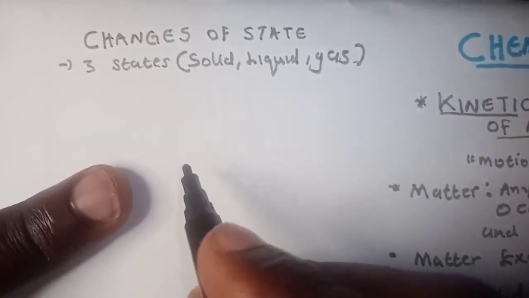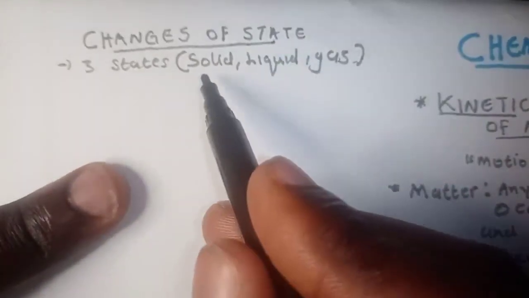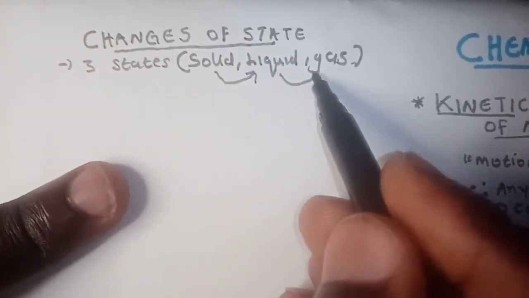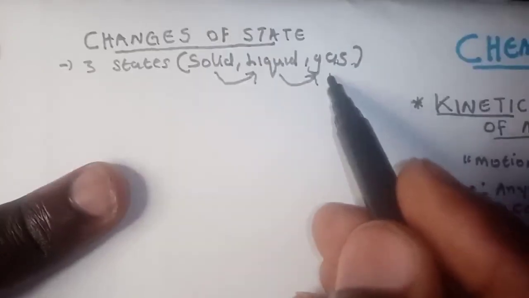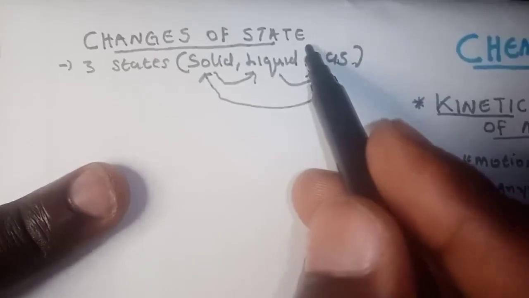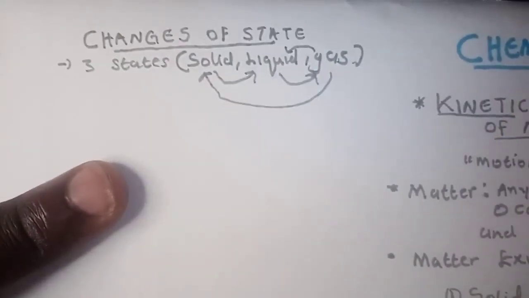Now, with changes of state, we are simply saying that a solid can change to a liquid, the liquid can change to a gas, a gas can change to a solid, and the gas can change to a liquid.